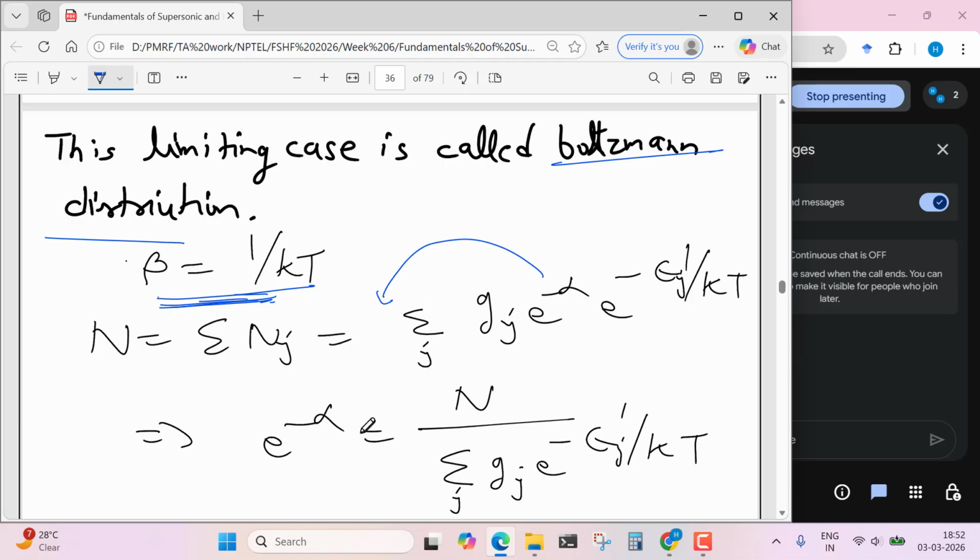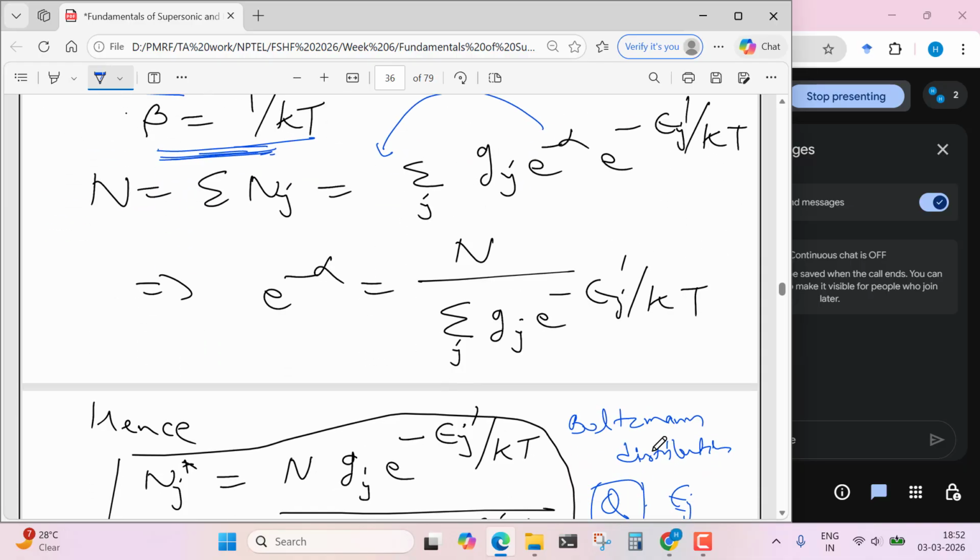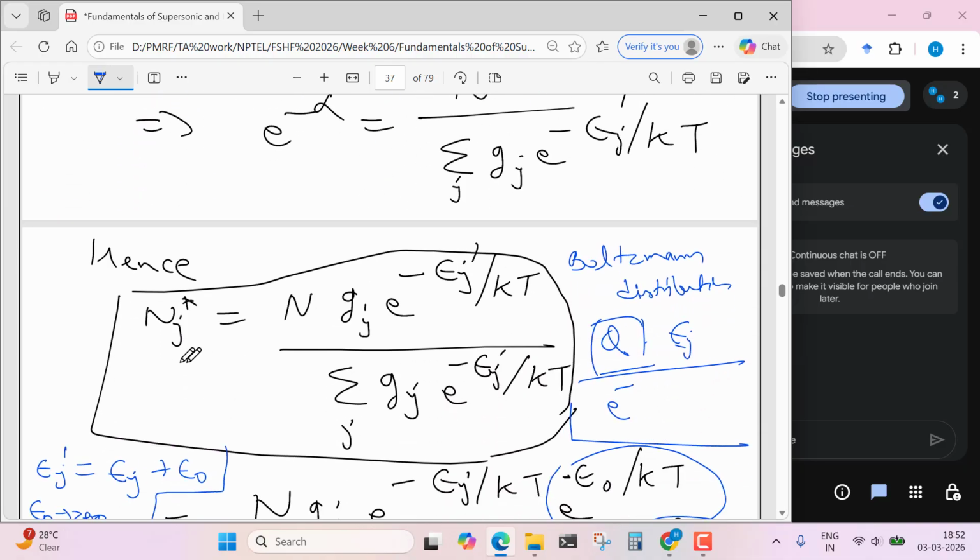So e to the power minus alpha will be nothing but N upon sigma j Gj e to the power minus epsilon j dash upon kT. Hence we will get Nj star equal to N Gj e to the power minus epsilon j dash upon kT upon sigma Gj e to the power minus epsilon j dash upon kT. This is the Boltzmann distribution.